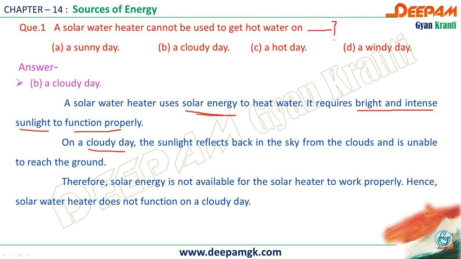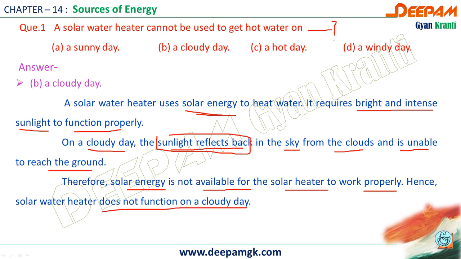On a cloudy day, the sunlight is reflected back by the clouds and is unable to reach the ground. You have seen that mostly during the monsoon we cannot see proper sunlight on the earth. Therefore, solar energy is not available for the solar heater to work properly. Hence, a solar water heater does not function on a cloudy day. So your answer will be a cloudy day.